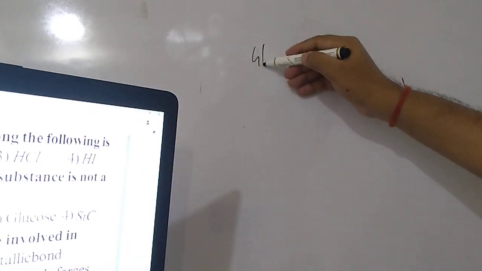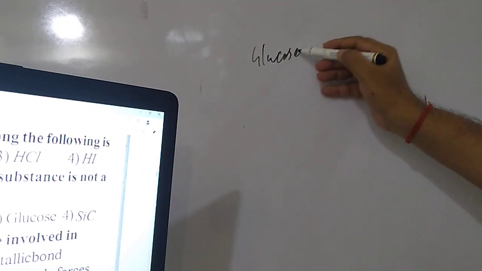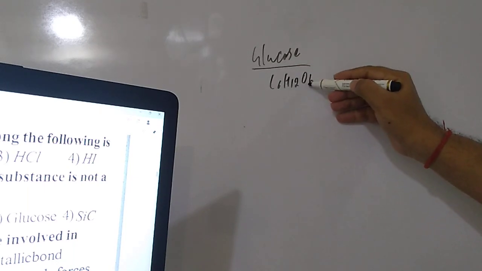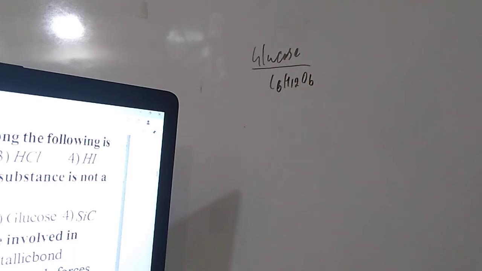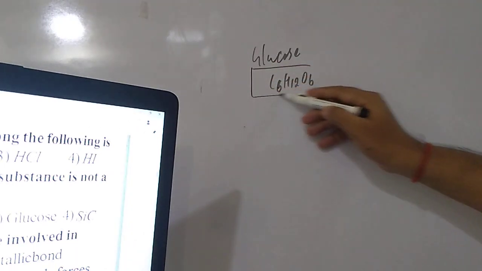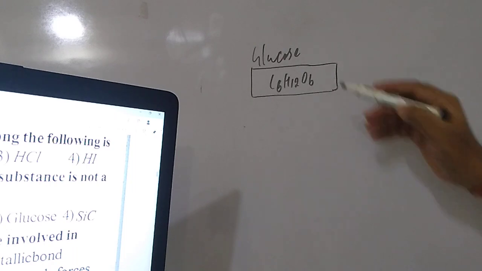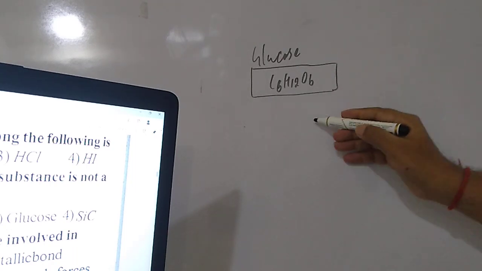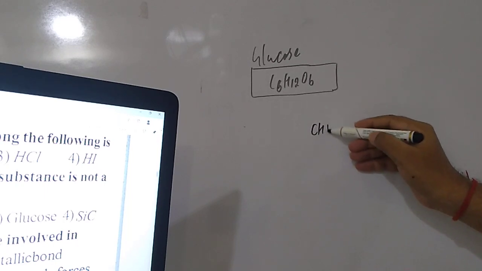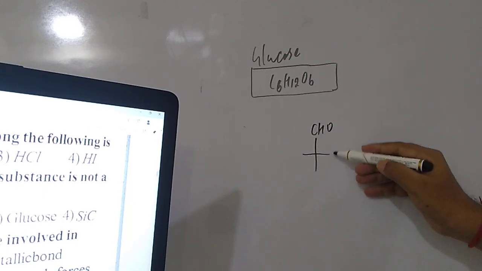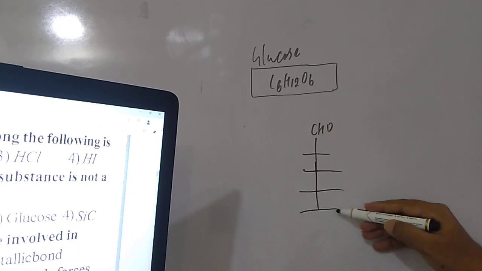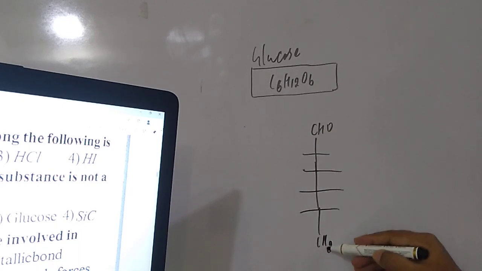If you talk about glucose, the formula is C6H12O6. This is the glucose molecule, and the structure is like this: 1, 2, 3, 4, 5, and here is CH2OH.